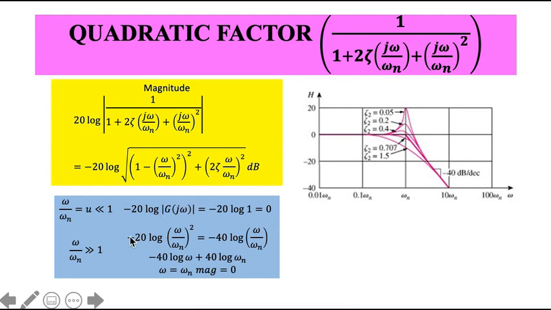For low frequency, the magnitude will be minus 20 log of this, which is less than 1, so I can cancel this term and this term. It will be 1, so it will be 0 for low frequencies. So for low frequency, I'm still at 0 dB, till here.